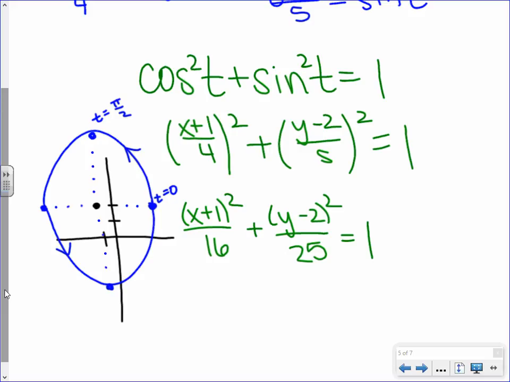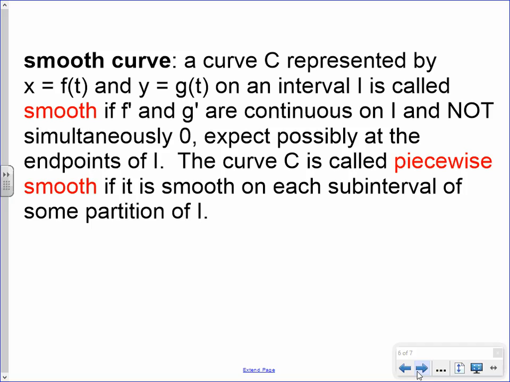I'm going to try to get through our last example before going down to take a picture. Here is the definition of a smooth curve. If we have x and y, we consider it smooth if f prime and g prime are continuous on the interval and not simultaneously zero.